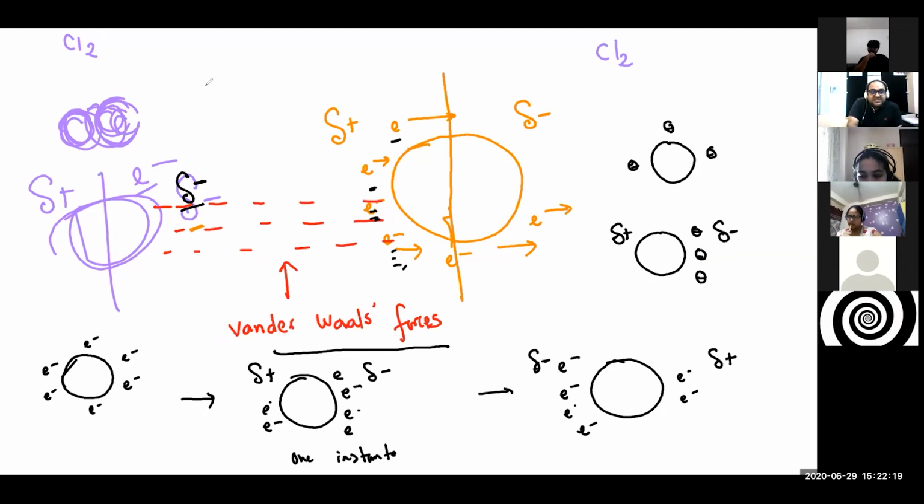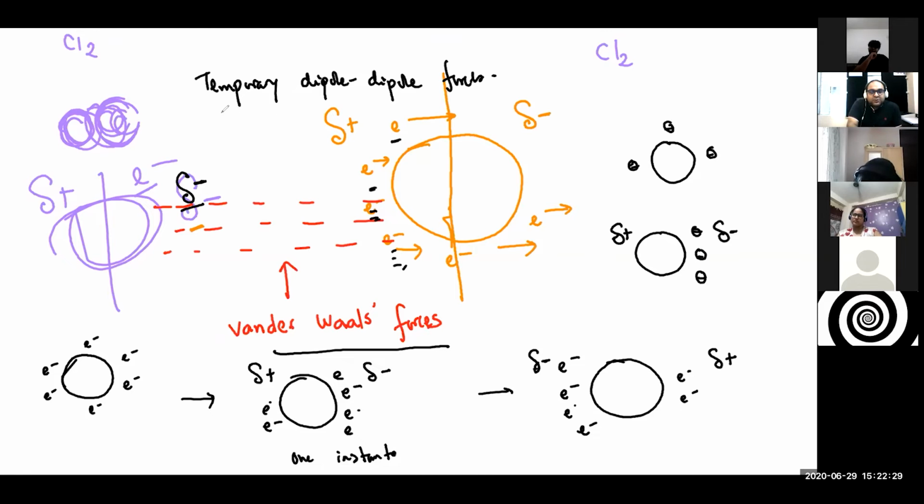It's also known as temporary dipole forces, or induced dipole forces, right? So the name has been derived from its properties. Why is it called induced?